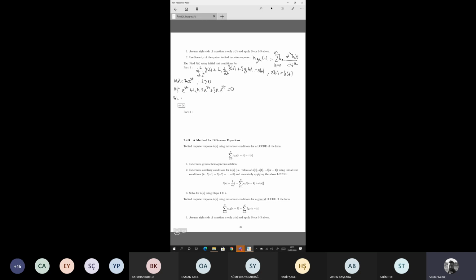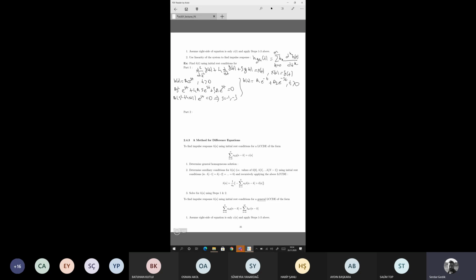So a times (s squared plus 4s plus 3) times e to the power st is equal to 0. This tells me that s is equal to -1 or -3. So this is the first step. Then h of t is a1 e to the power -t plus a2 e to the power -3t for t larger than 0.